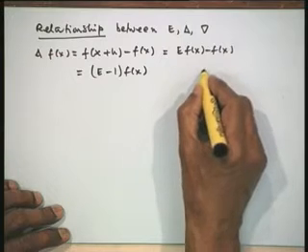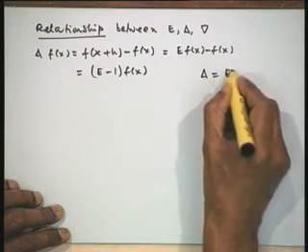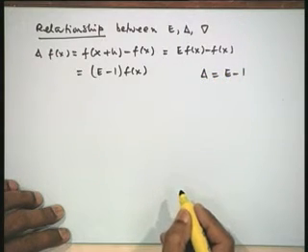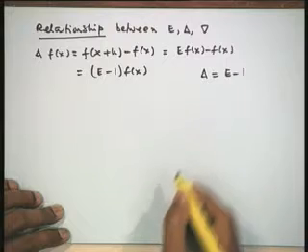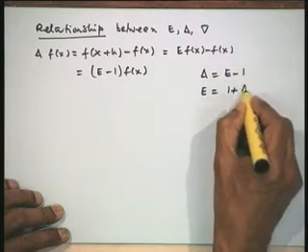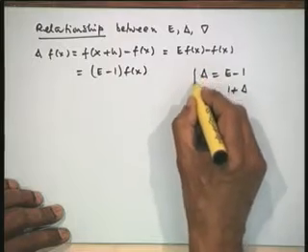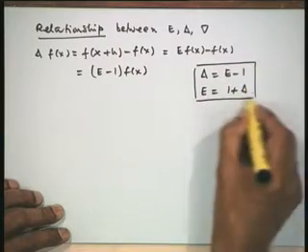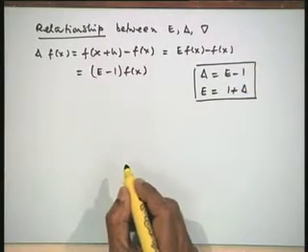Therefore, the operator delta is equivalent to the operator E minus 1, or alternatively E is equal to 1 plus delta. I can bring minus 1 to this side and have this as the relationship between them.